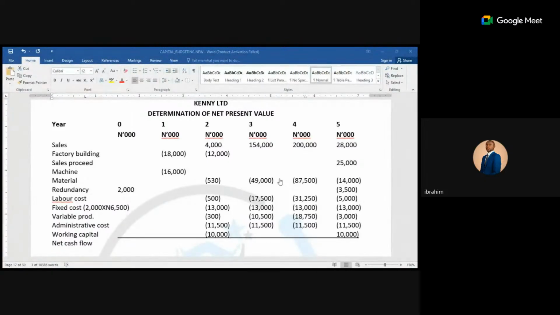Then I will have the machine, the redundancy, and some other costs that are incurred. Then I will do my sales proceeds or tax savings, if there is any. We'll look at all those steps in our next question. So please, someone should just give me a figure.